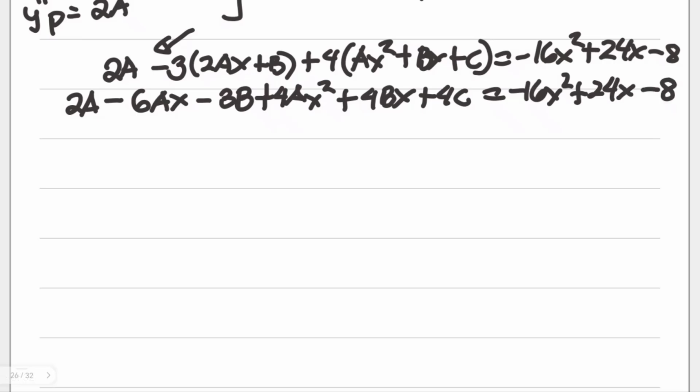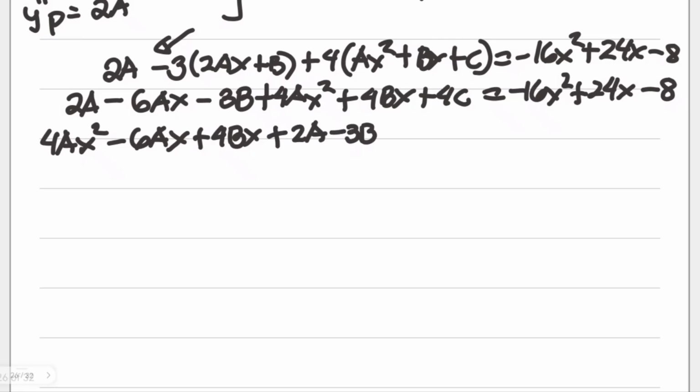I'm rearranging the terms on the left hand side so that it will correspond with the right hand side. You'll have 4ax squared, then the terms with x, minus 6ax plus 4bx, then you have plus 2a minus 3b plus 4c is equal to minus 16x squared plus 24x minus 8.